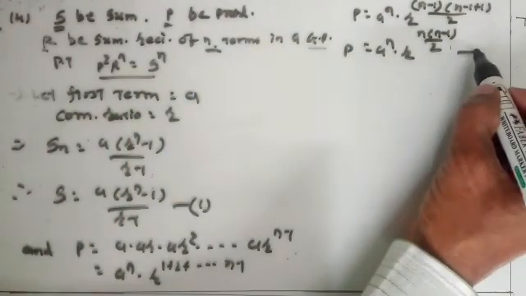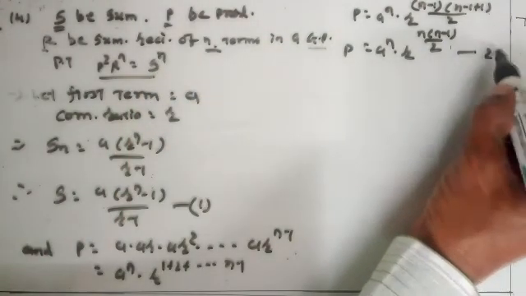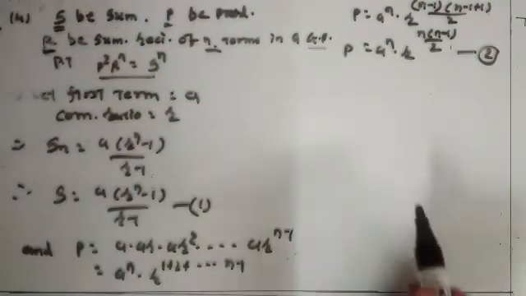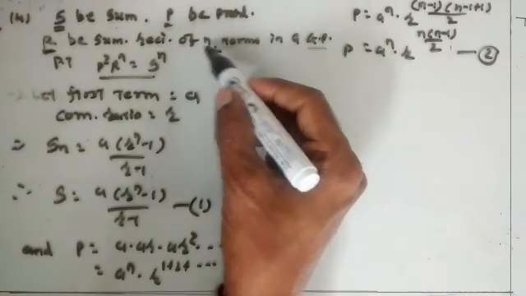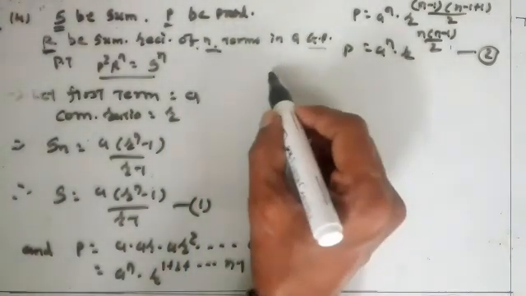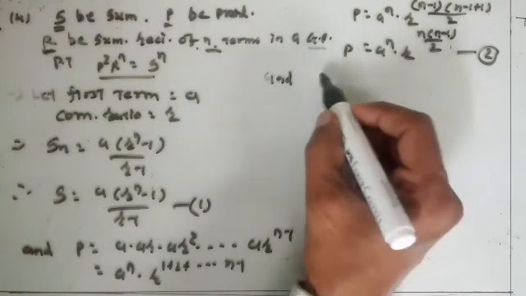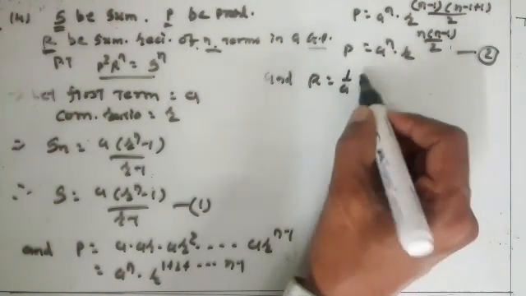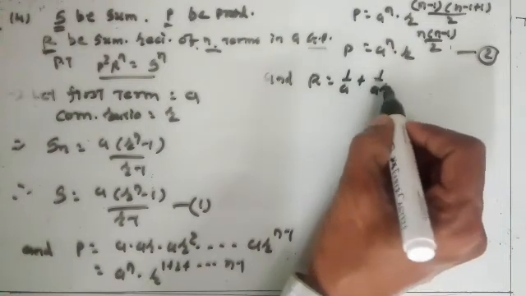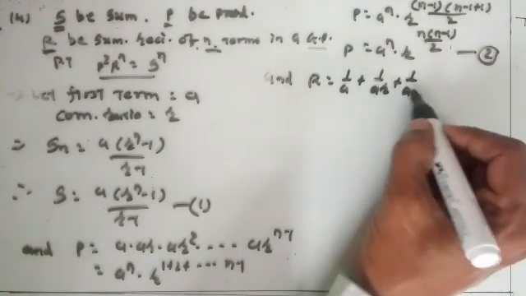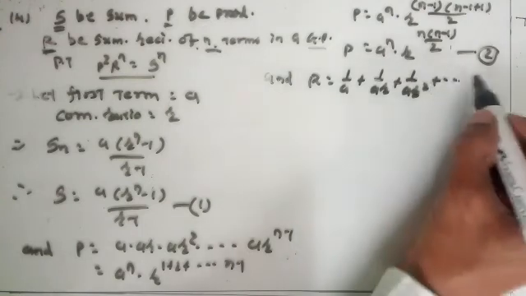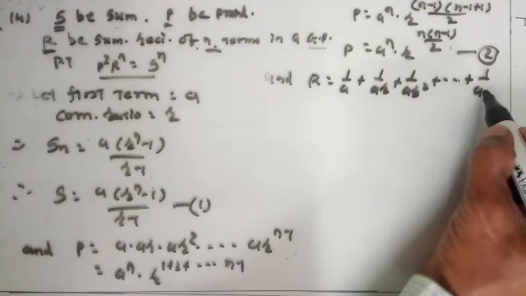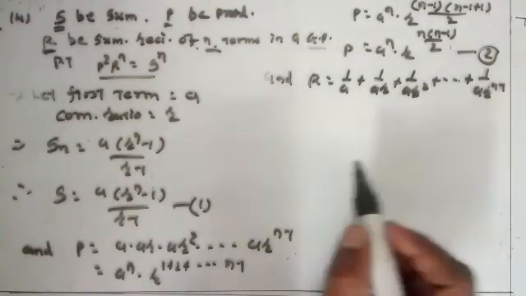Take this as result number 2. And R is the sum of reciprocals of n terms. R is equal to the reciprocals of n terms: 1 upon A plus 1 upon Ar plus 1 upon Ar squared, plus up to the reciprocal of the n-th term, 1 upon Ar raised to n minus 1.